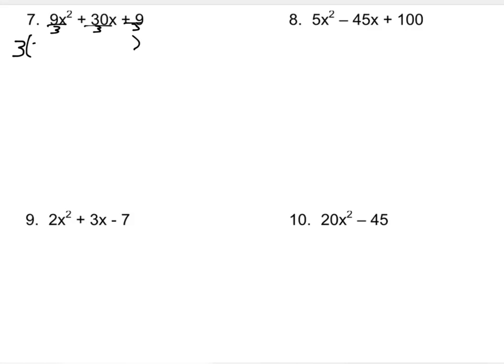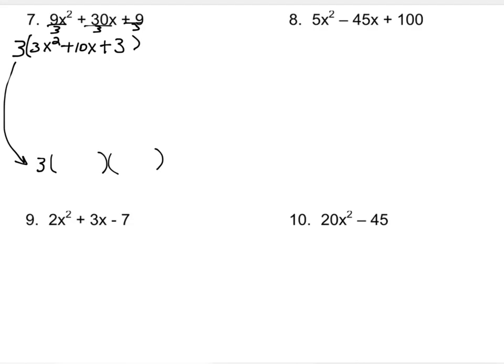And so you'll end up with 3x squared plus 10x plus 3. Once you've done that, again, you don't mess with the greatest common factor, except that you do have to put it in your answer. At that point, you just work with what you've got, your reduced expression that's in your parentheses.